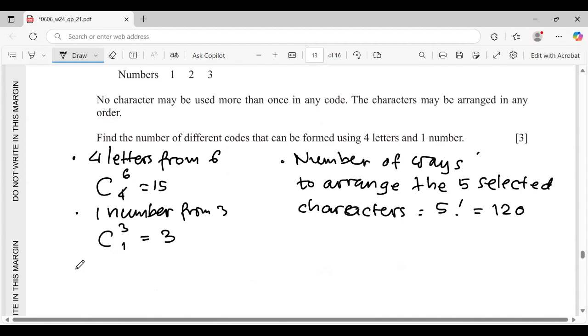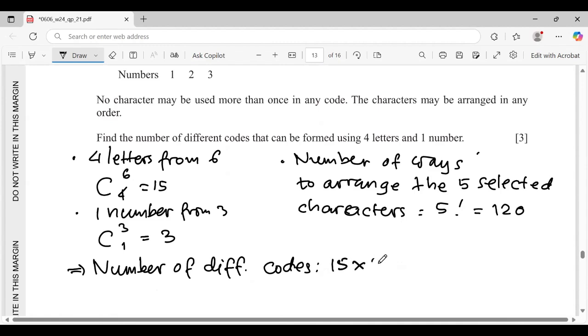The number of different codes equals 15 times 3 times 120, which is 5,400. This is the result.